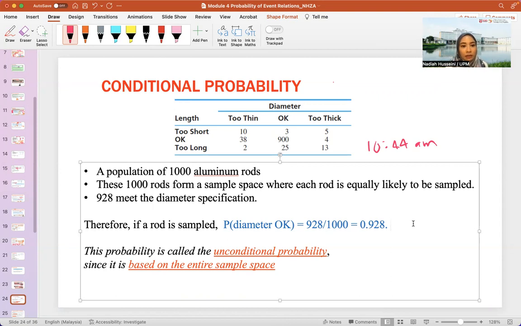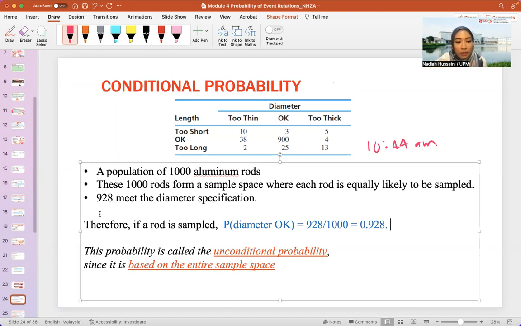It can either be too short or too long, or the diameter can be too thin or too thick. So we have a population of 1,000 aluminum rods, and that is our sample space number. These 1,000 rods form a sample space where each rod is equally likely to be sampled, and 928 meet the diameter specification.